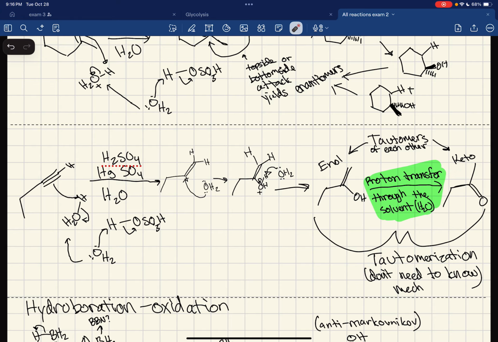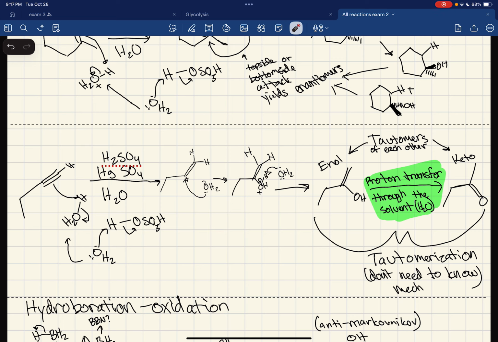So these are tautomers of each other, the enol and the keto form. And something important, when you do this, you don't need to know the mechanism. It's kind of complex. I mean, it's not too complex, but it is just extra stuff you don't need to know.